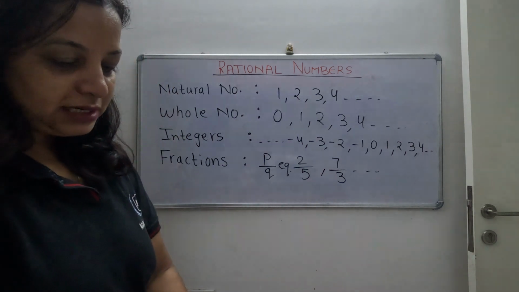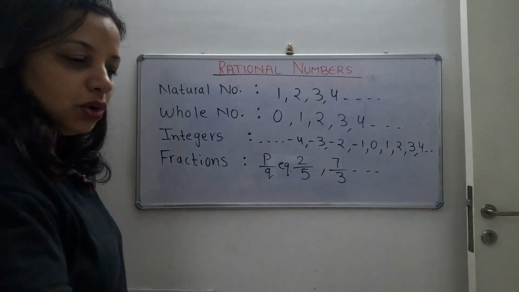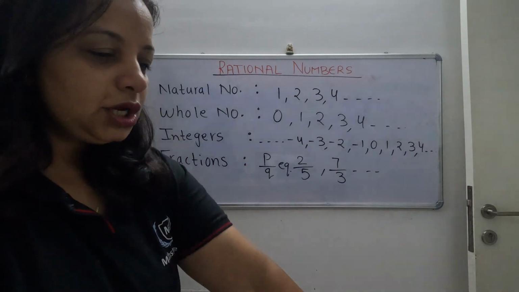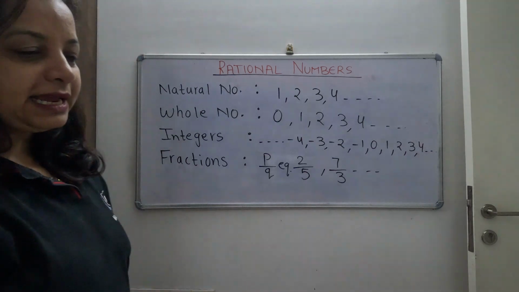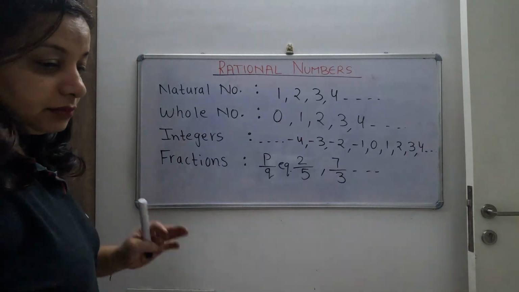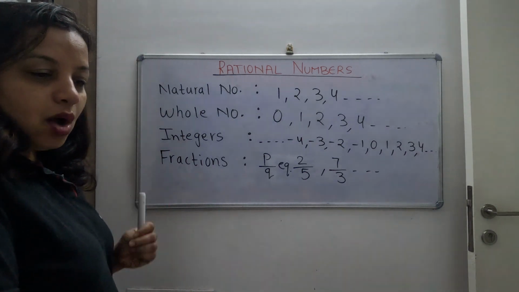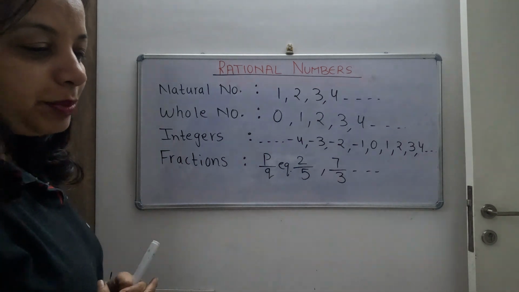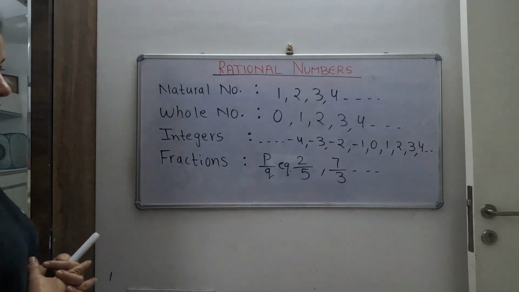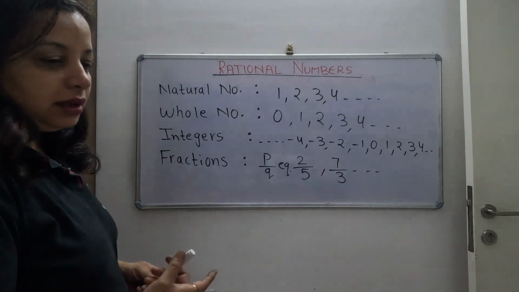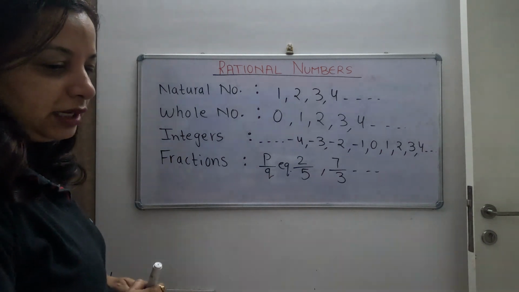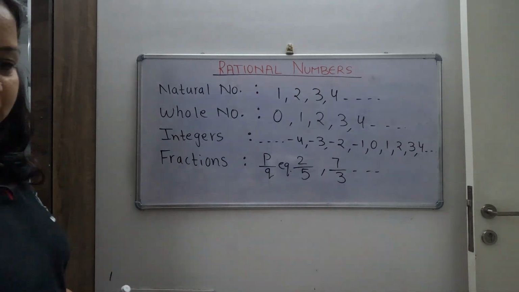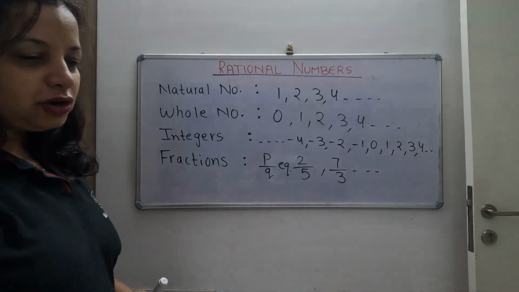Next, the need for rational numbers. Why do we need rational numbers? Earlier we have seen how integers could be used to denote opposite situations involving numbers. Suppose we have to denote 3 kilometers to the right of a place.